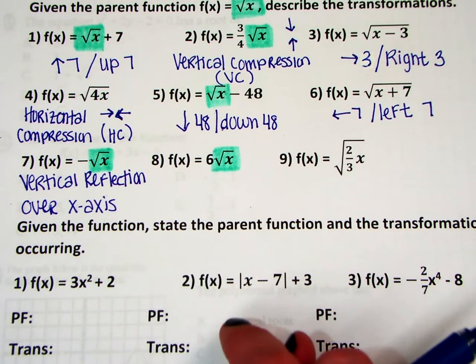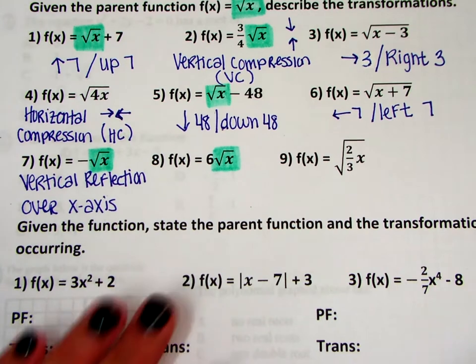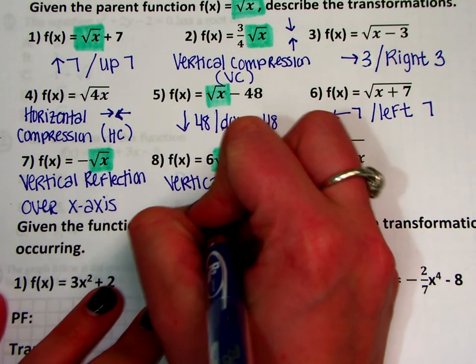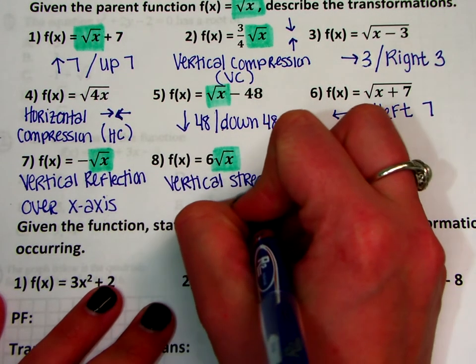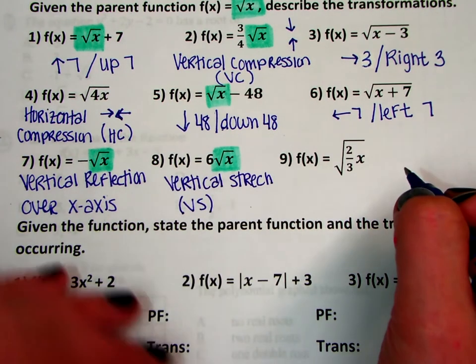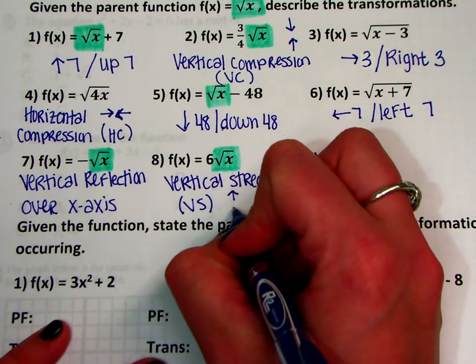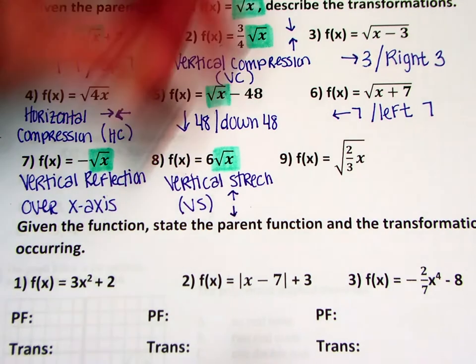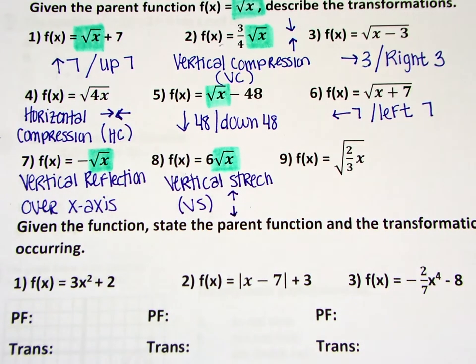If it's bigger, it's going to be a vertical stretch. So it's a vertical stretch. You can abbreviate that as VS. And a vertical stretch pulls the function like this, away, like it's going to get closer to the y-axis.